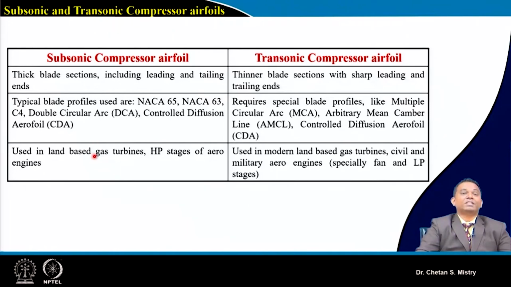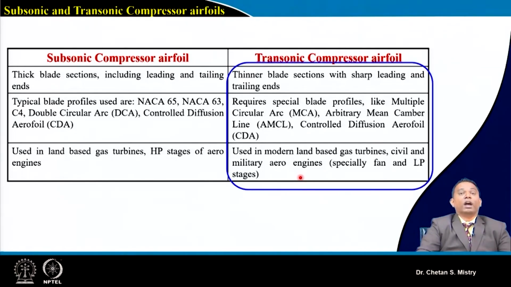The subsonic configuration is applied in land based power plants and the HP compressor of aero engines. But the transonic compressor is used in most modern civil and military engines, especially for the fan and LP stage.